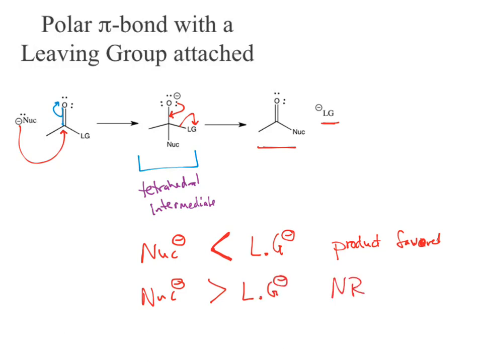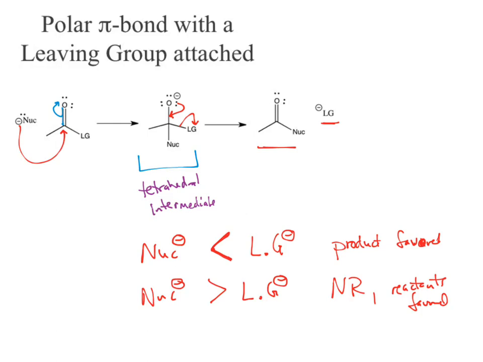We would get no reaction, or reactants favored. So when we go through and look at each of these reactions within this section, that's ultimately what you're being asked to do: compare those two to each other and decide which one is more stable. That's the bottom line of the next two chapters. That's pretty much it. We throw in some special reagents to make things look cool and do some neat, fancy looking things, but that's really it, right there.